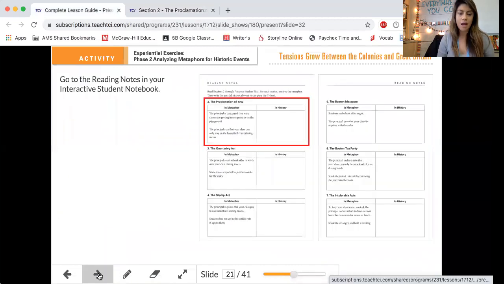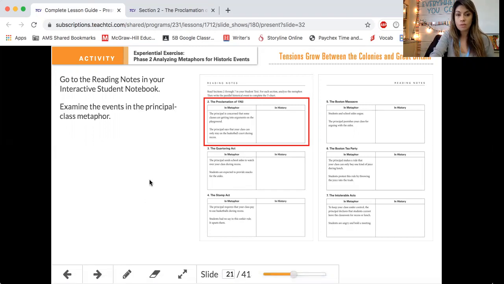All right, welcome back. Now, I want you to go ahead and look at page 62. That first chart there is for the Proclamation of 1763. The metaphor says the principal is concerned that some classes are getting into arguments on the playground. And the principal says that your class can only stay on the basketball court during recess.